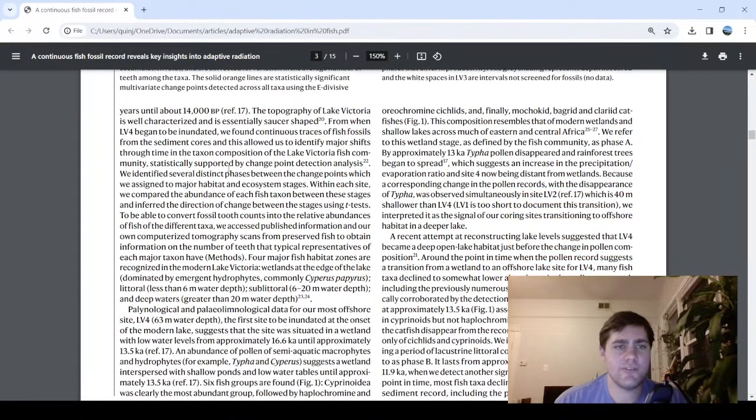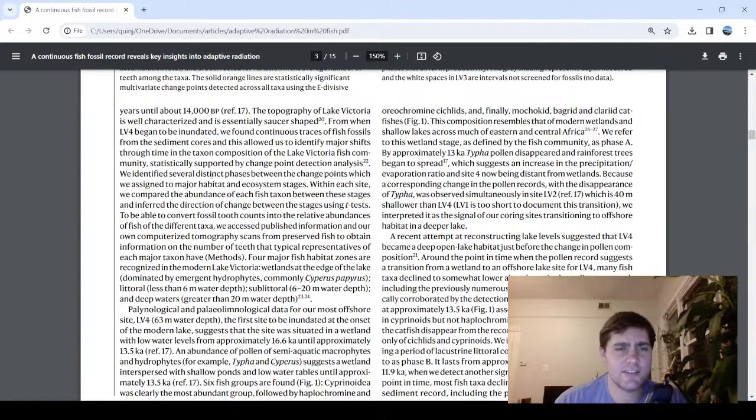From when LV4 began to be inundated, we found continuous traces of fish fossils from sediment cores, and this allowed us to identify major shifts through time in the taxon composition of the Lake Victoria fish community, statistically supported by change point detection analysis.